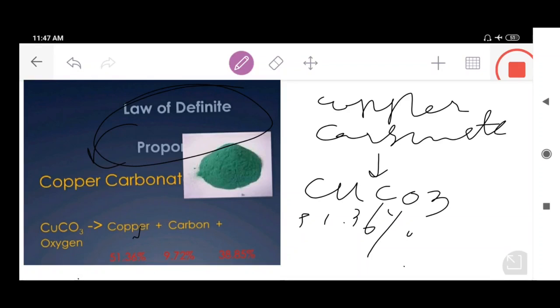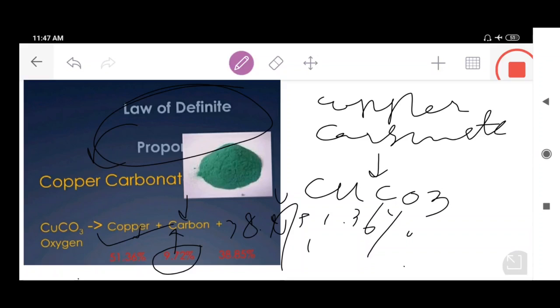Whenever copper carbonate is formed, 51.36% of copper reacts with 9.72% of carbon plus 38.85% of oxygen to form this copper carbonate. You will see the definite proportion here.